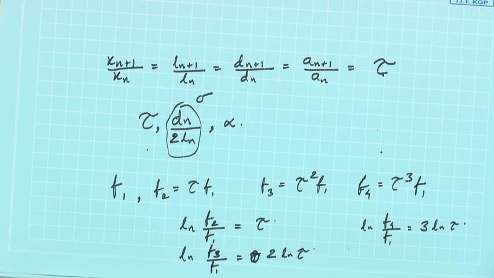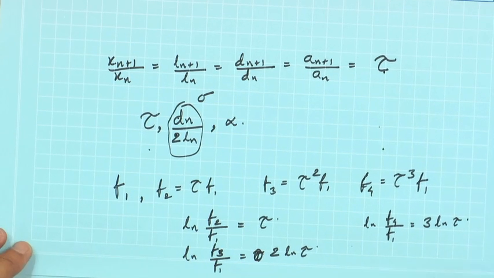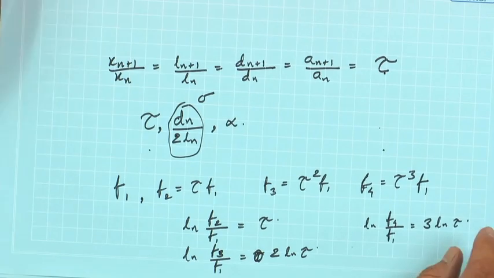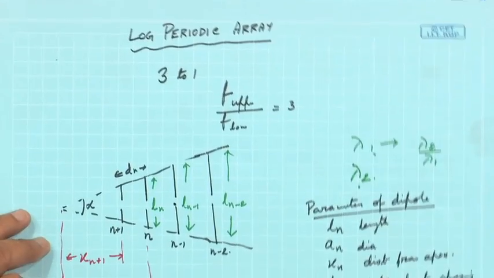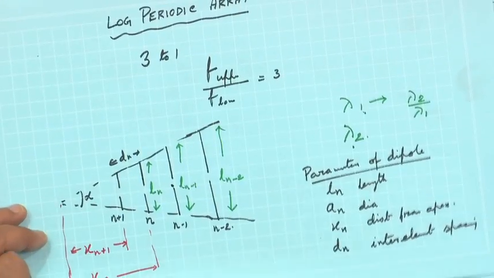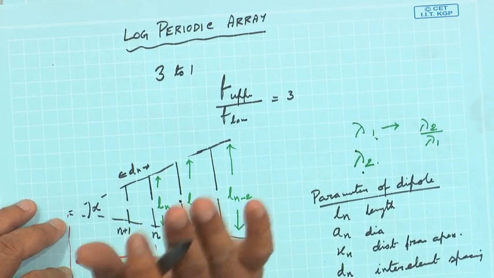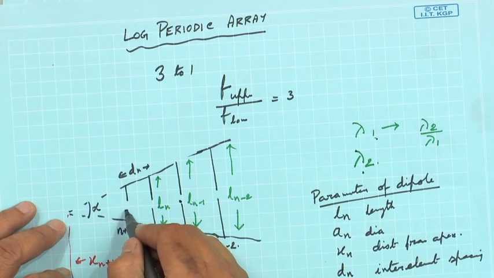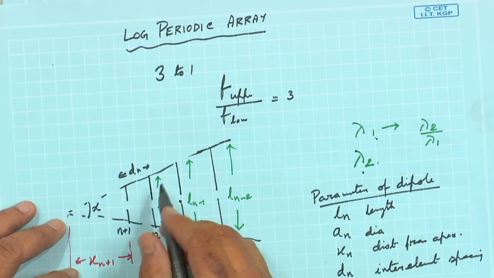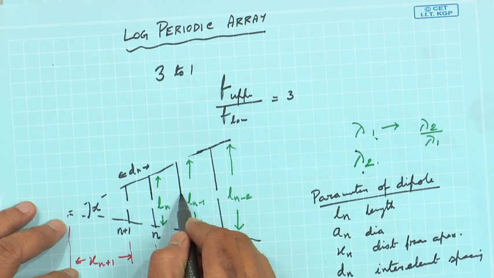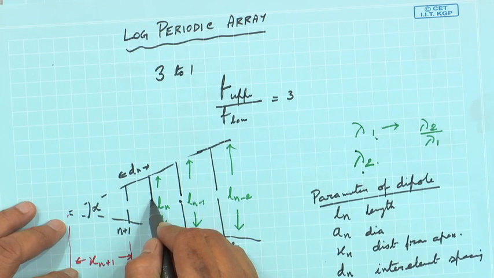So, in order to obtain radiation from the array, it must be excited by a feed system. Generally people feed it like this. There will be a feed here. Now, the same feed is given here and this one is given a 180 degree feed.